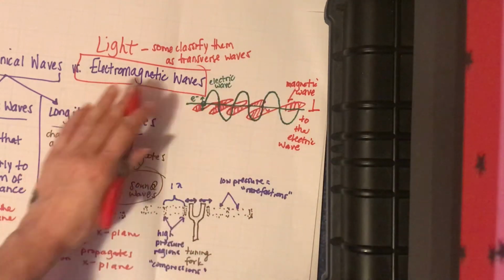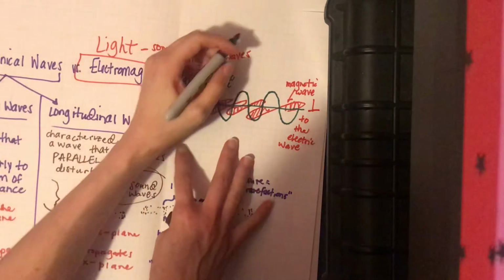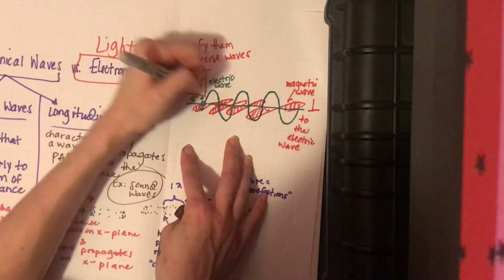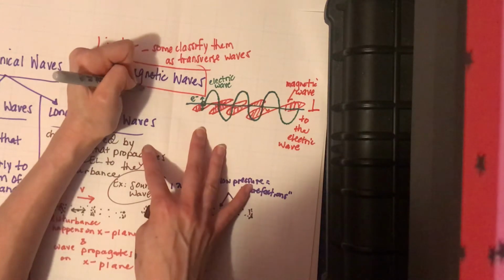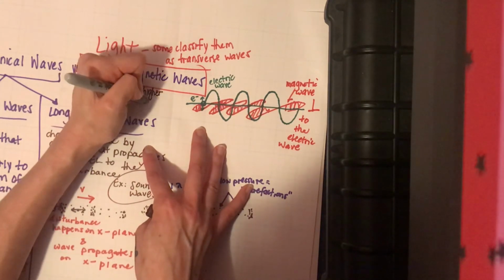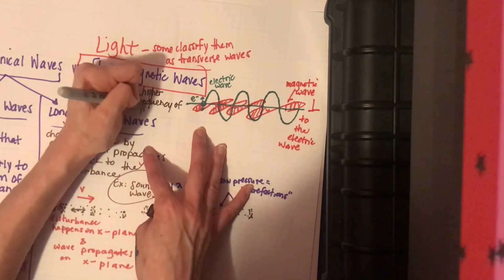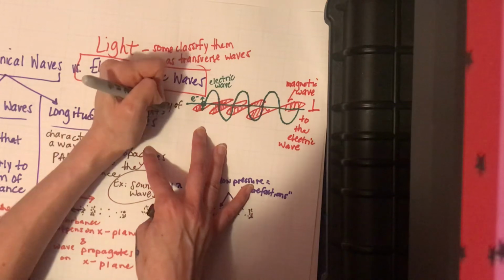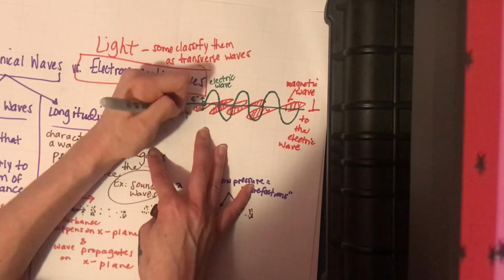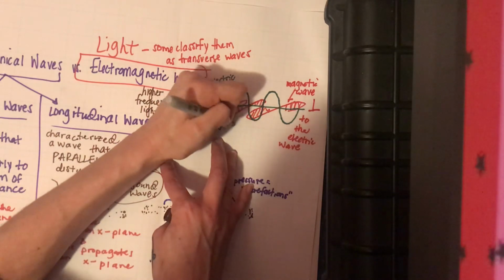And unique to light also is that the frequency is associated with how much energy is being transferred. So higher frequency of light is associated with a greater energetic transfer. And we will get into this in the modern physics unit.